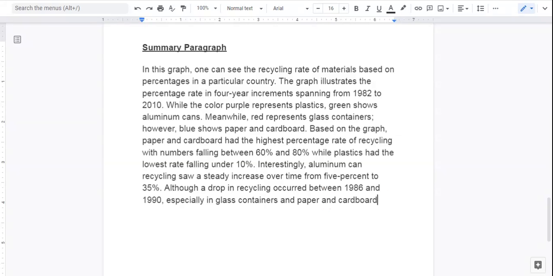Although a drop in recycling occurred between 1986 and 1990, especially glass containers and paper and cardboard, overall recycling rates have increased over time.